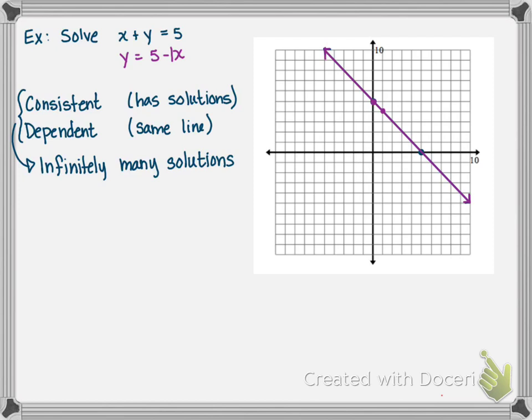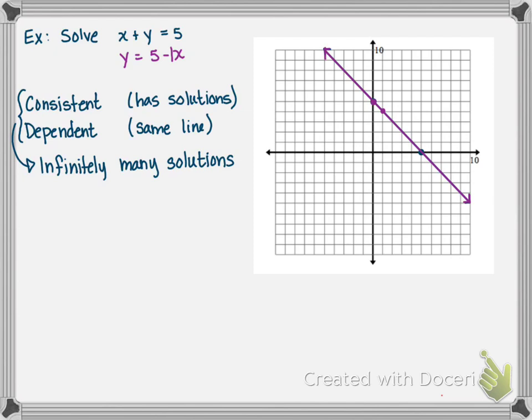So we have to be a little bit careful when saying that we have infinitely many solutions. When we were solving equations with one variable, remember that when we got an identity, so something that was always true, we said all real numbers were solutions. We can't say the same thing here because it's not true that every single point is a solution to this system, right? If I pick a point like right here, that's not a solution to the system, right? The reason there are infinitely many solutions is that there's infinitely many points on that line.